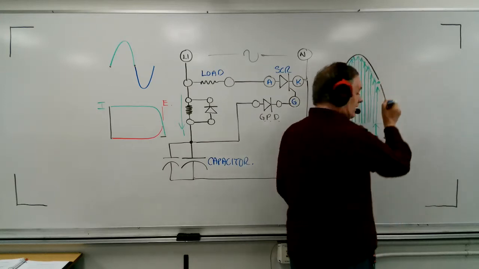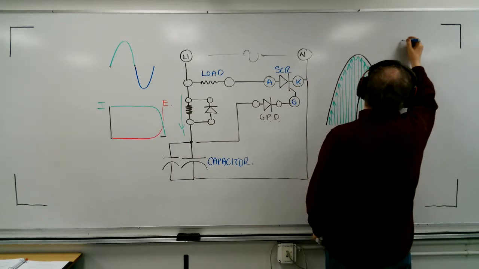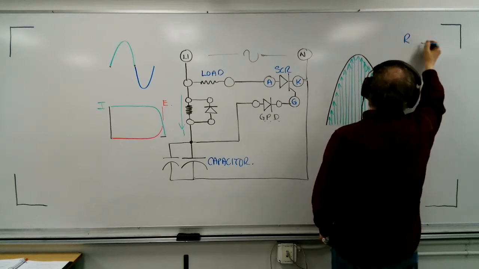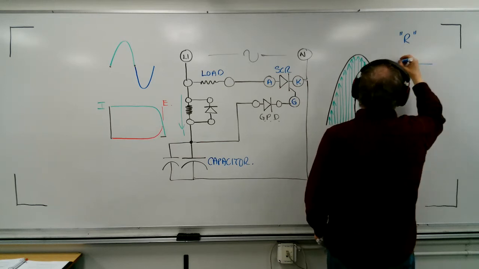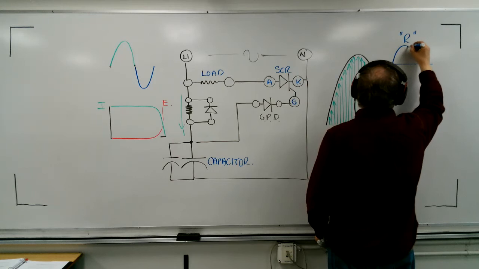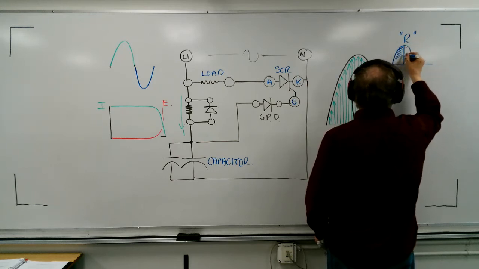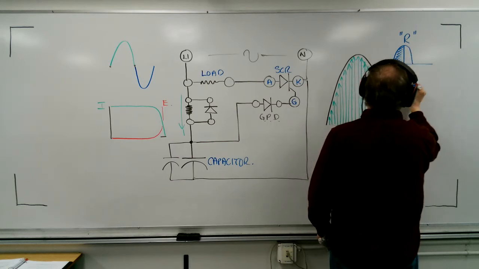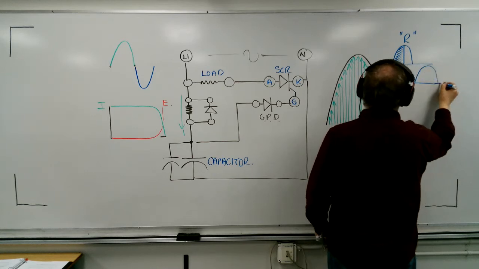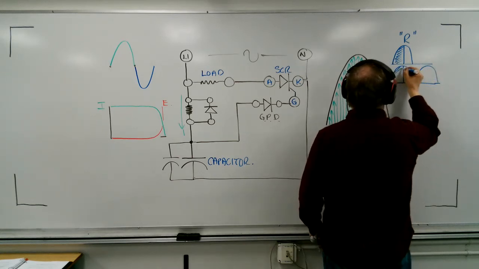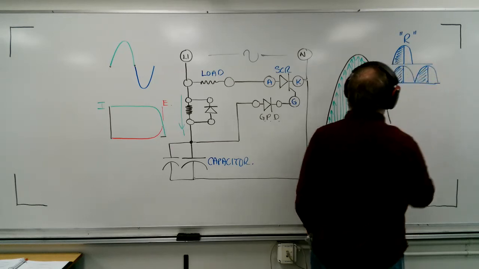If you use resistance only, and I'll just show you one cycle, if it's half wave, we can just control this. But if it's full wave, we can control this, and this. Okay, that's resistance only.